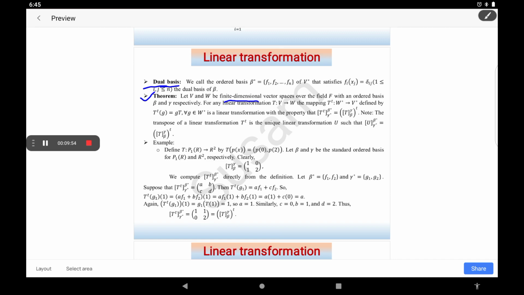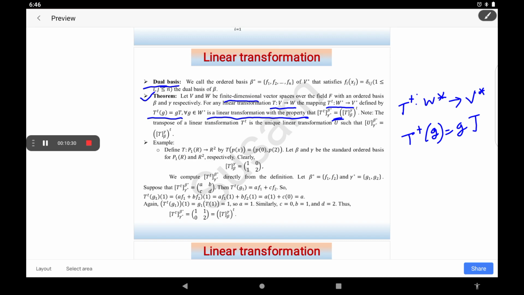For any linear transformation T from V to W, the mapping T transpose, so now you are coming to the transpose of a linear transformation, is defined on the dual space W star to the dual space V star, and it is defined like T transpose of g equals g of T. Here it is written, which is also a linear transformation under this property.